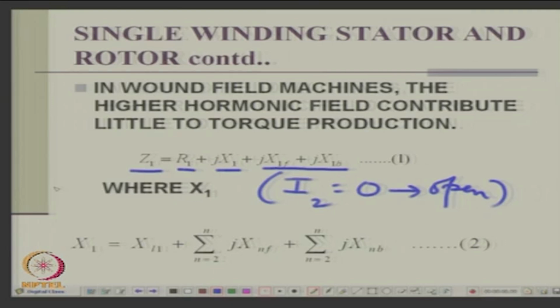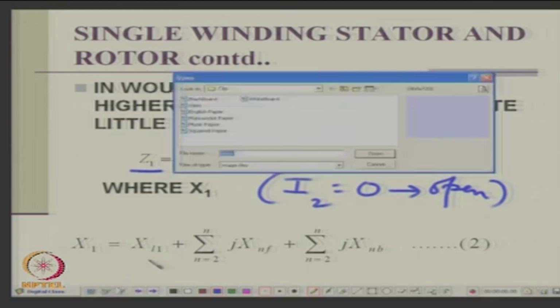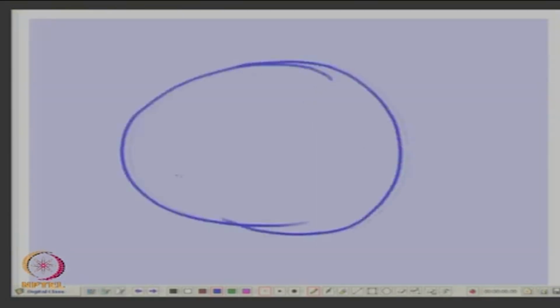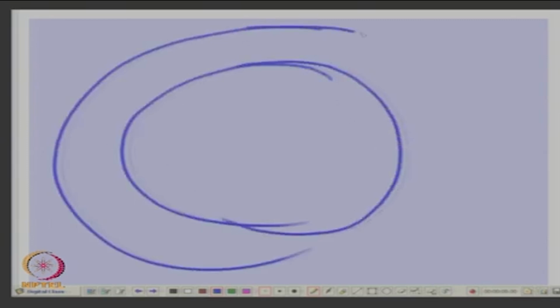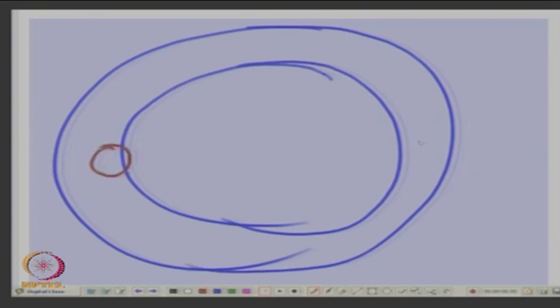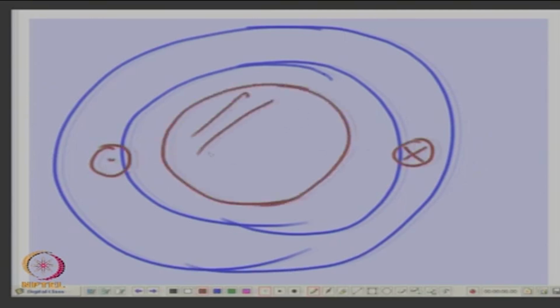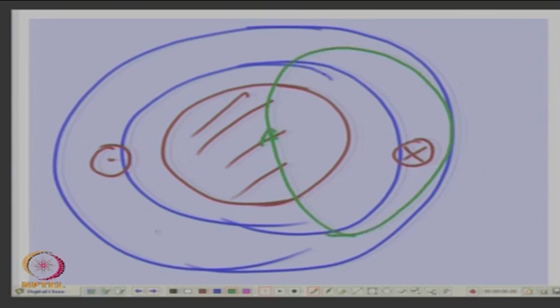And the rotor is not carrying anything. This is the flux it produces, the mutual flux, if it carries a current I1.